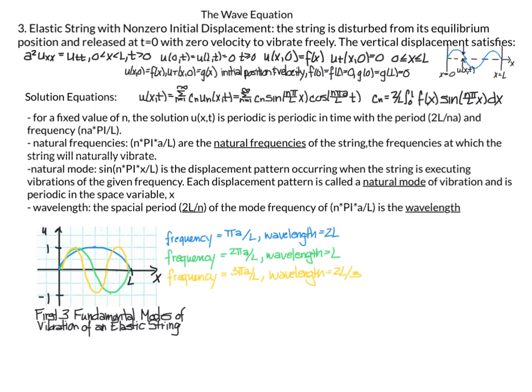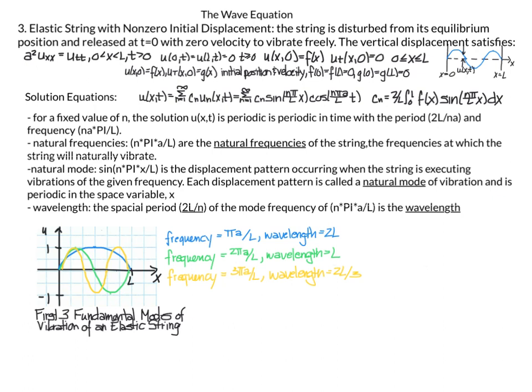The natural mode, sine of n pi over L times x, is the displacement pattern occurring when the string is executing vibrations at the given frequency. Each displacement pattern is called a natural mode of vibration and is periodic in the space variable x.